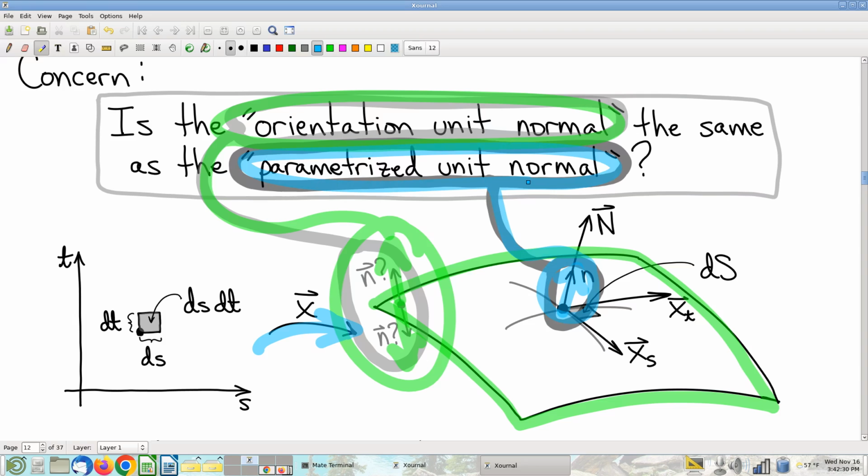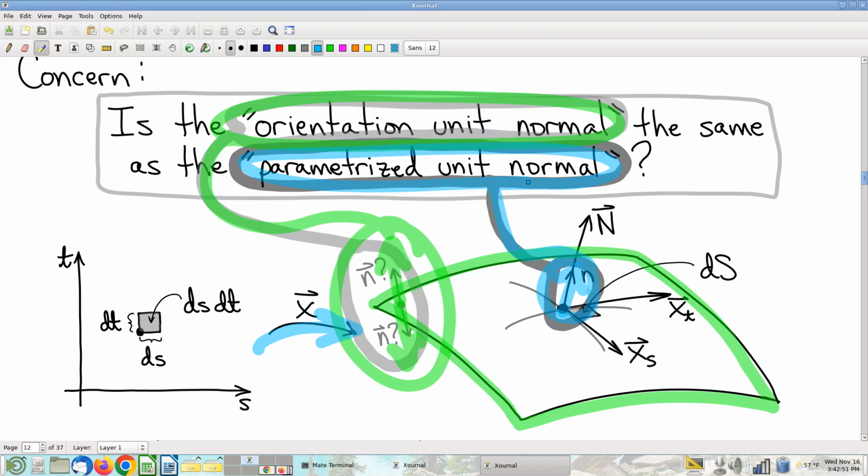The question comes with one or the other of these being defined to be correct, being defined as, this is what positive means, whichever one of these it is. And then we pull a parameterization out of thin air, arbitrarily, with no consideration given to what the orientation is for the surface.